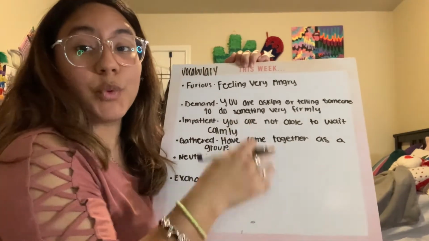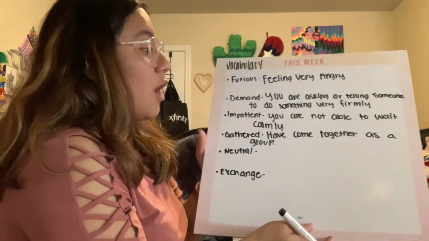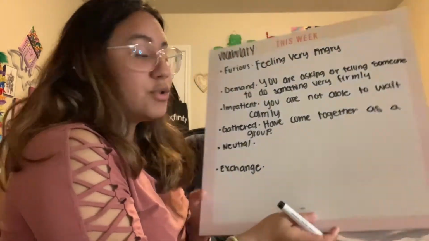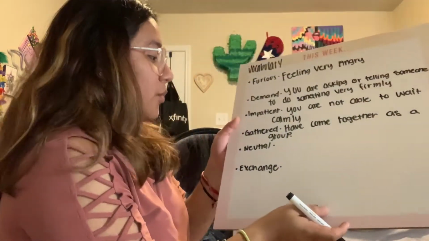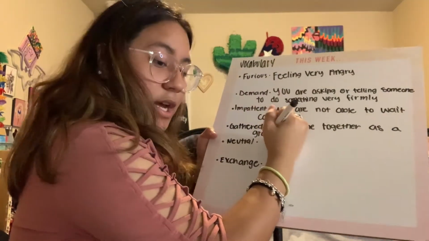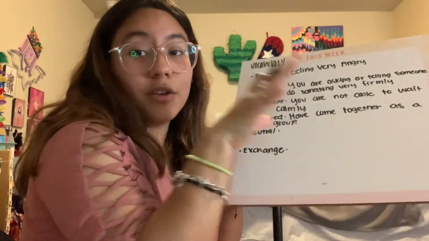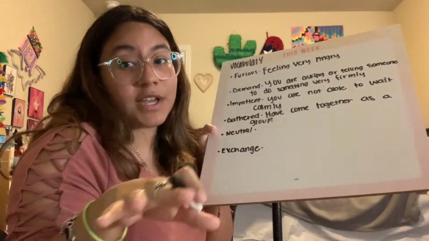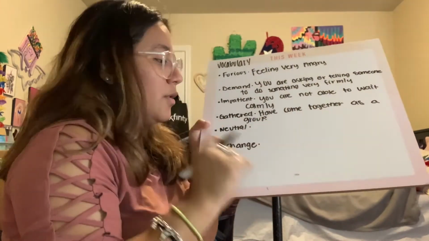This is something we do a lot when we do read alouds, or when we just want to work as a whole group. Neutral means that you are not taking a side. You're not taking his or her side. You're just staying in the middle.